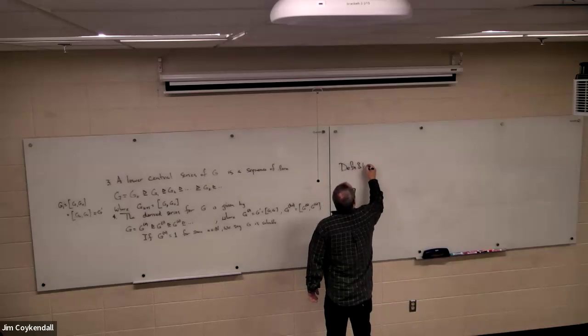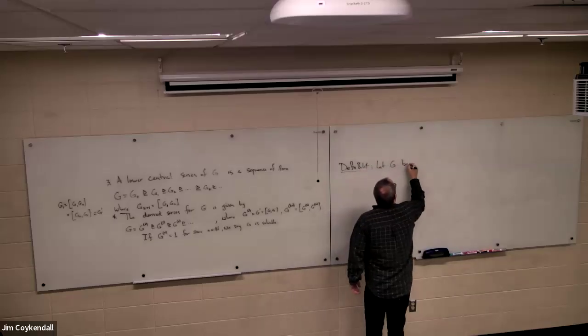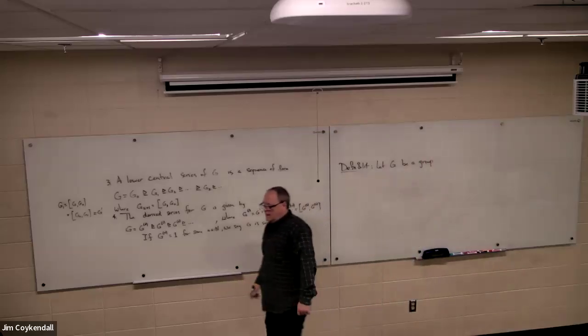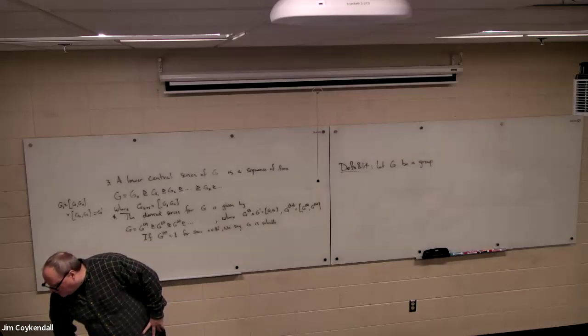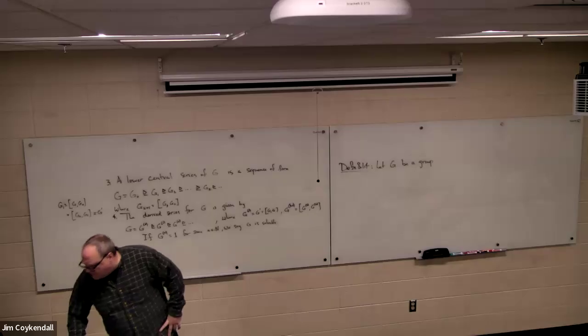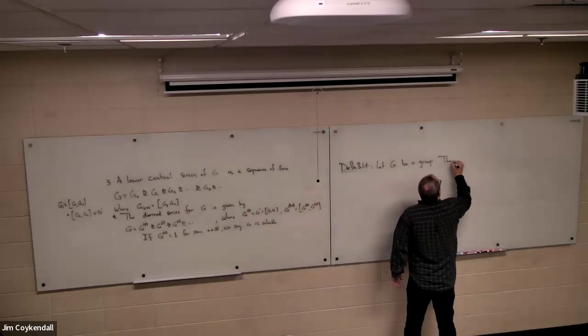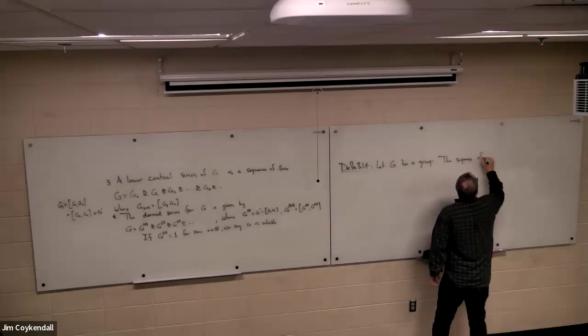Let G have a series of the form, the sequence of groups, and these are successively normal groups.